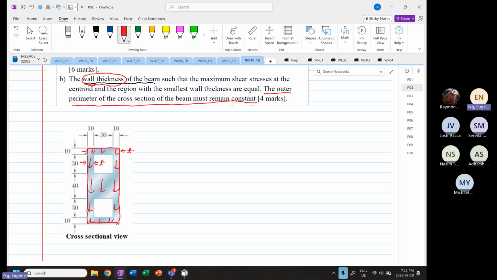This is a term test that I gave in 2002 winter, and some students asked me, Eugene, can this be the wall thickness? Let me use a different color. Some students ask, can this be a wall thickness?